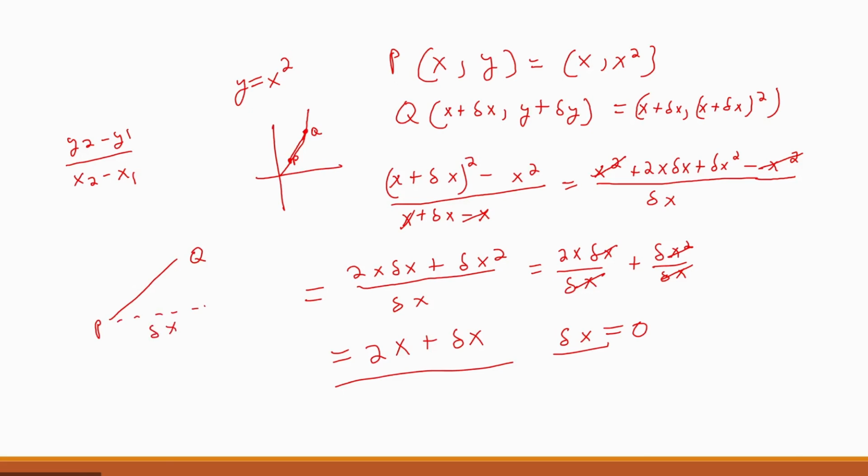This is going to keep getting shorter, like this, until we have it at point p. So this is basically what we are doing, and if we apply that, the gradient we are going to get is 2x. So from the curve y is equal to x squared, the gradient we got at point p was 2x.